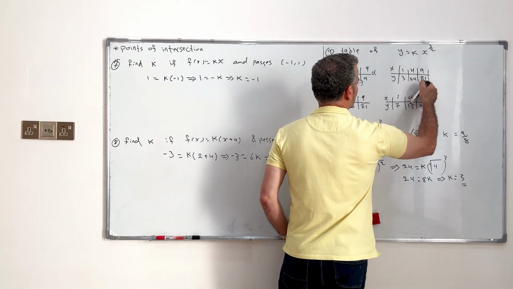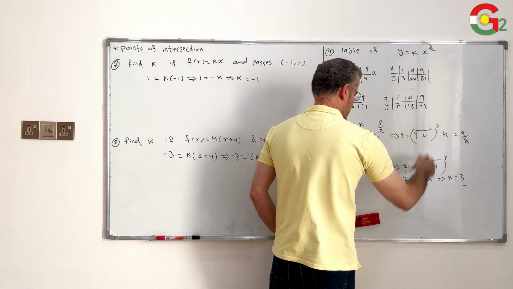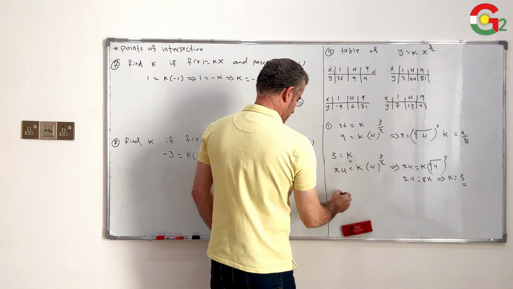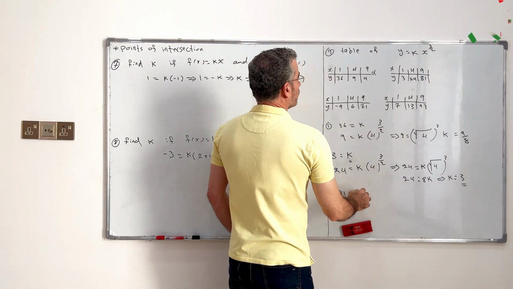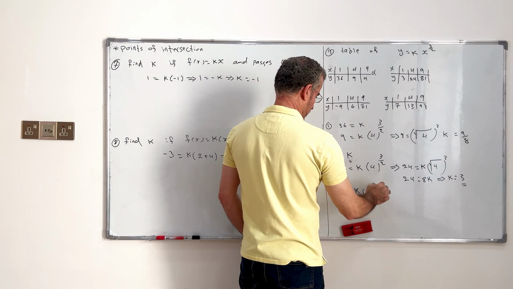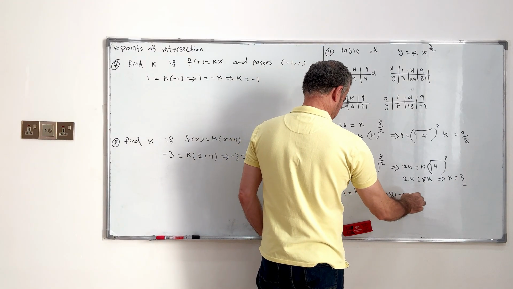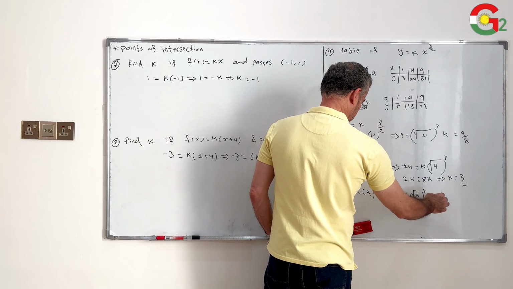Let me check the other point: when y is 81, x equals 9, so 81 equals k times 9 to the power 3 over 2, which is k times the square root of 9 to the power 3.